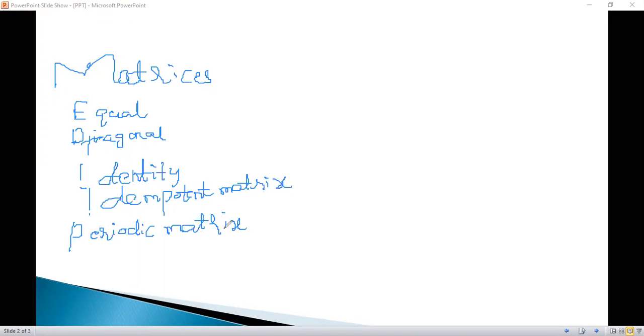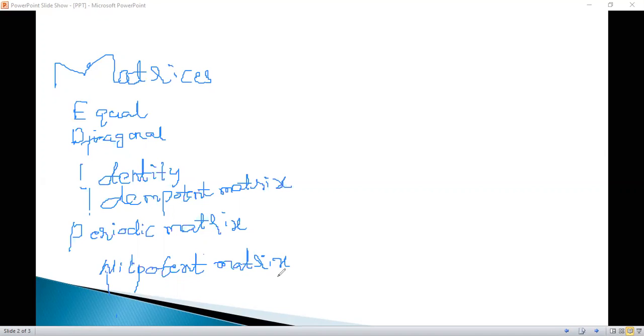Next, nilpotent matrix. Nilpotent matrix is nothing but if A power n equals 0, then we say that n is the index of the nilpotent matrix.